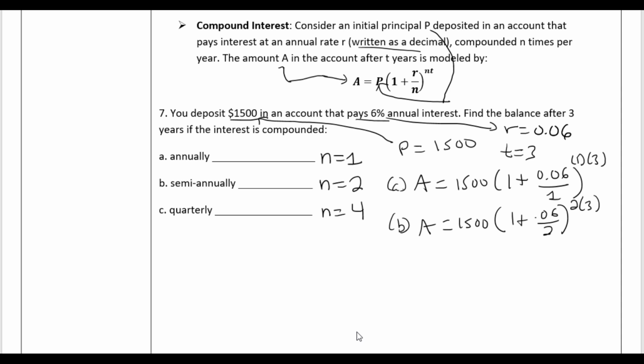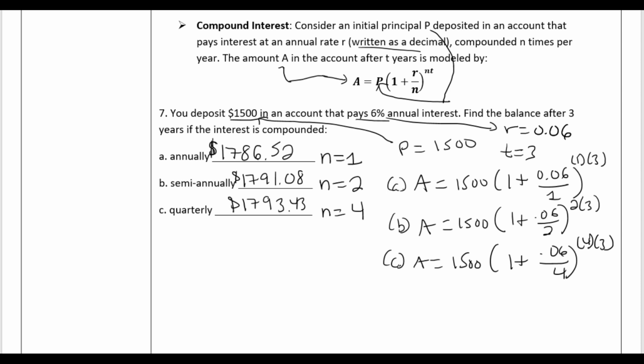We'll get that number on the calculator. Then 1 plus 0.06 divided by 4, and then 4 times 3. So the only thing that changes is the n. We'll get those numbers, and I'll write them down.